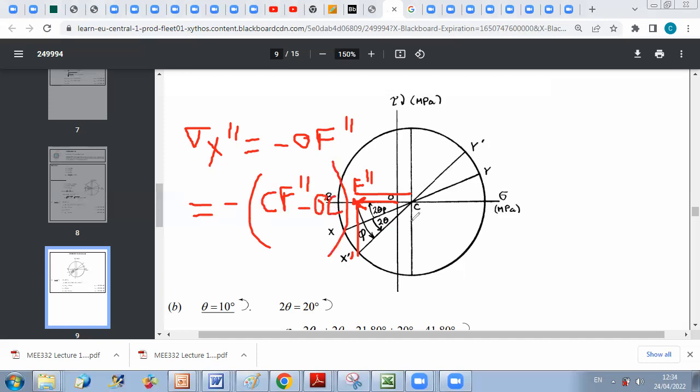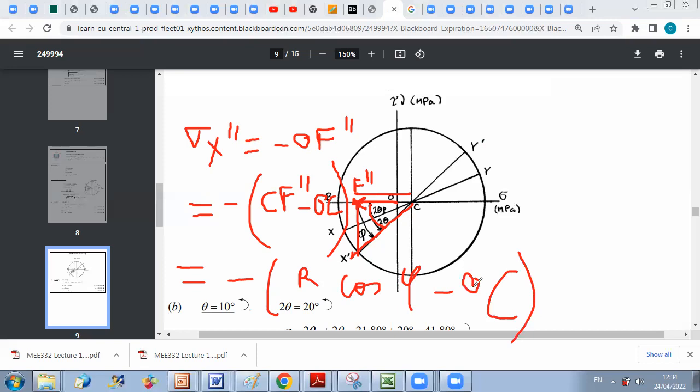OC is 15. For CF second, I do the radius times cosine phi. So it's equal to minus R cosine phi minus OC. Same expression, if you want. What changed is just the value of phi. And I do the same to get sigma y second. Sigma y second will be plus OC plus R cosine phi. Okay, so this is for sigma x second and sigma y second.